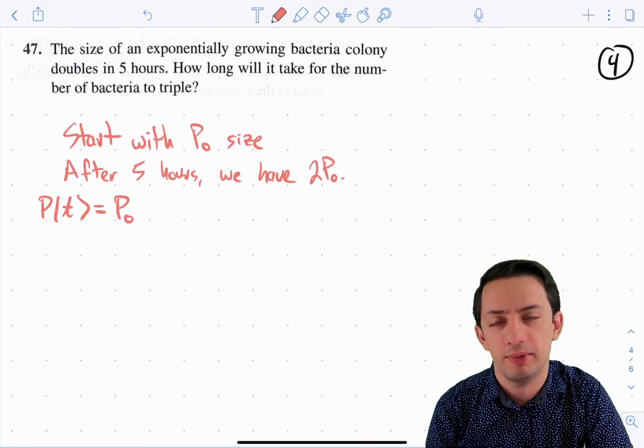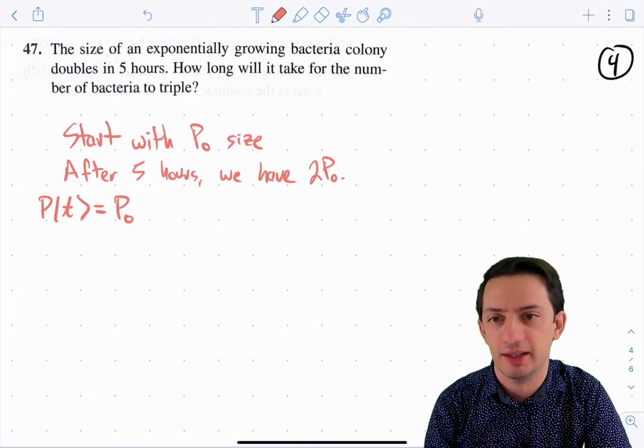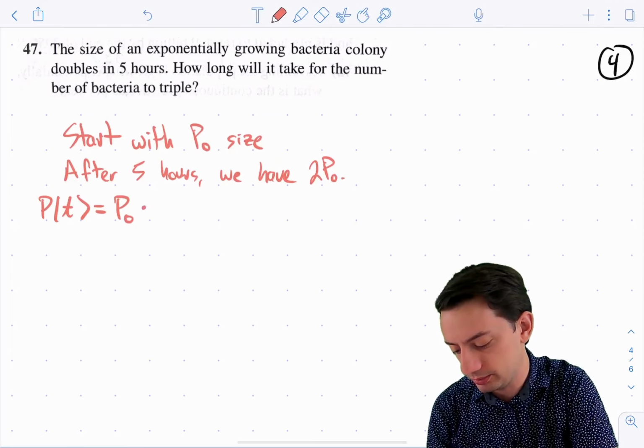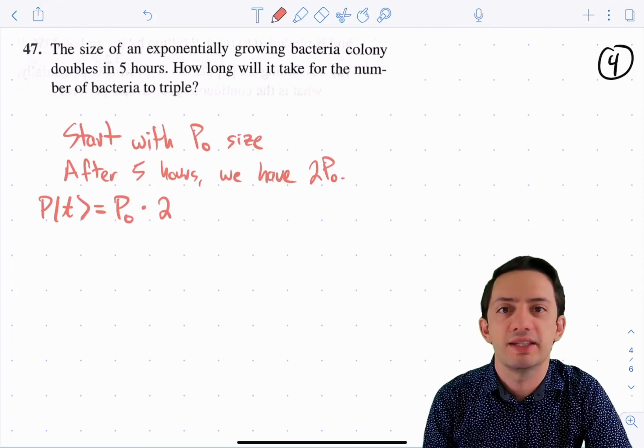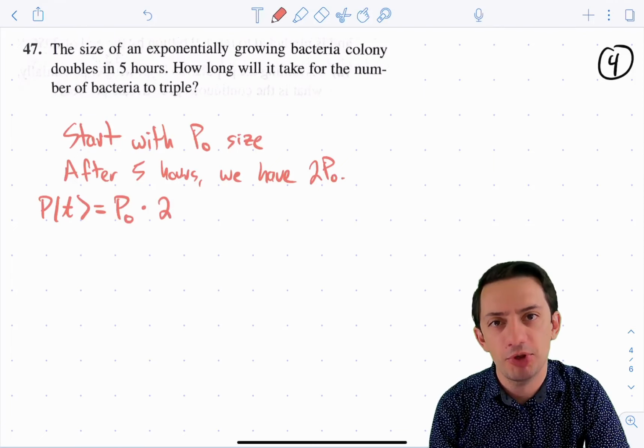You could think about it like that, but the way I like to think about it is I know it's going to double in some amount of time. So let me put the 2 for doubling, and the question then is what goes up here. If I were just to put t, that would not be right. That would make it double every 1 hour, but we want to double every 5 hours. So here's the trick. Instead, we can make it t over 5.